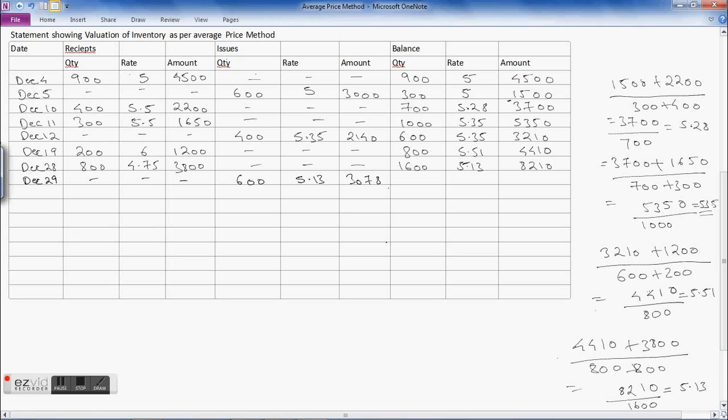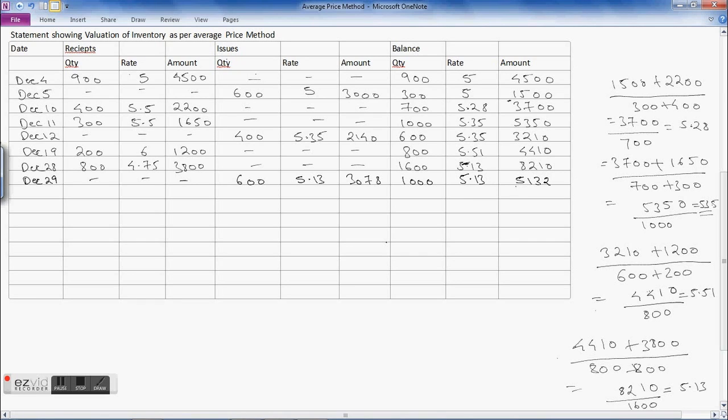Okay, so the stock is 1000 into 5.13, that comes to 5130. Instead of 5130, you can take it as 5132 if you are rounding it off to 4 digits.